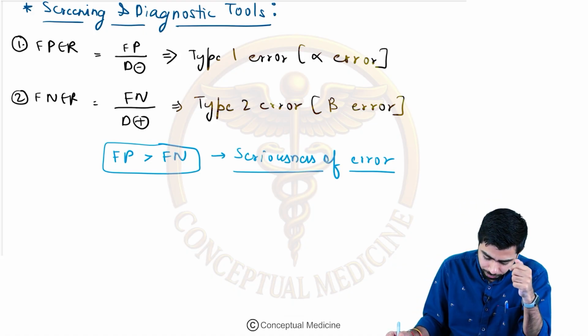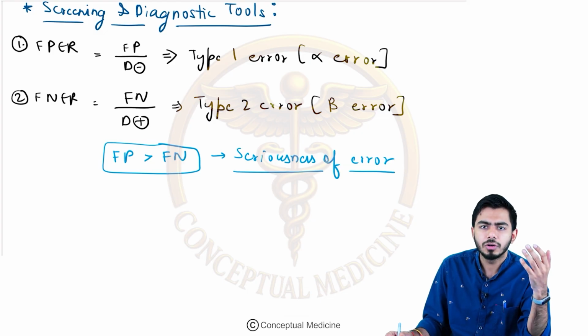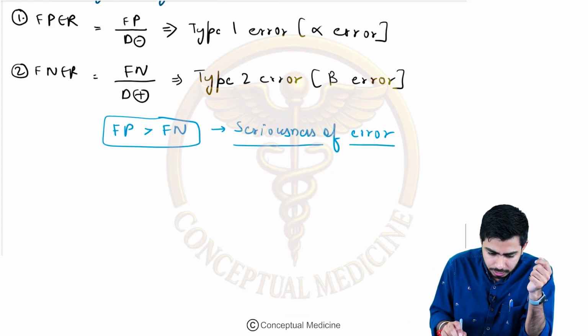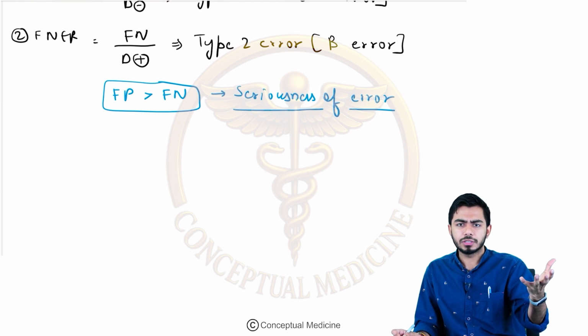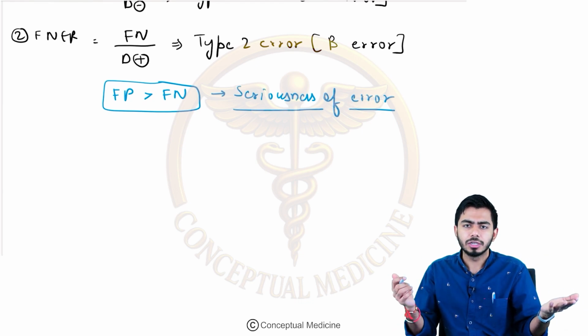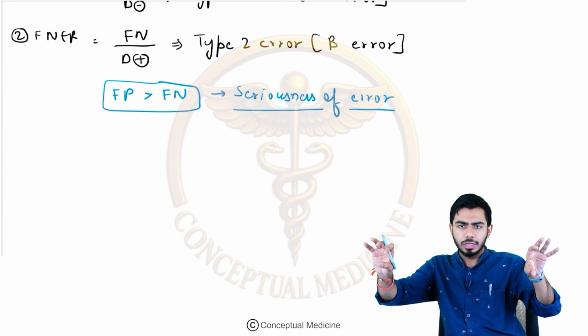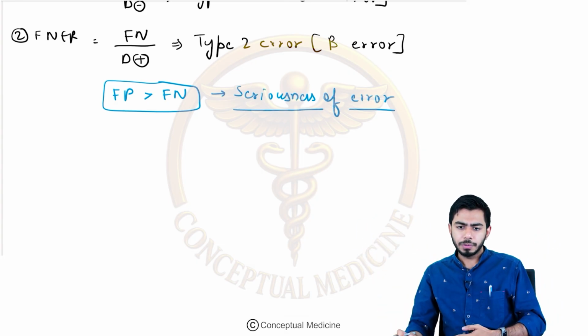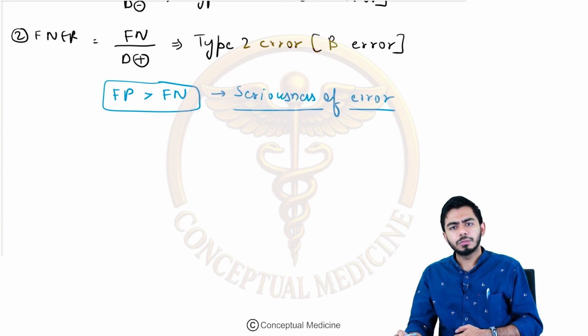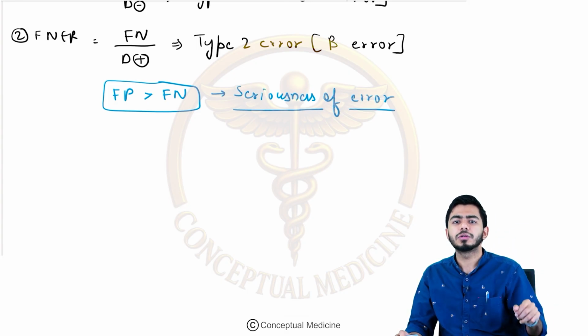Okay guys, now moving on to a different point, the screening test. There are two kinds of tests in any disease: one is the screening test, another one is the diagnostic test, right? Let's say a patient with abdominal pain comes to you. You will go for the ultrasound of the abdomen first of all.